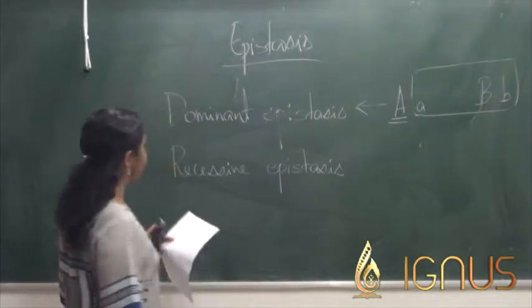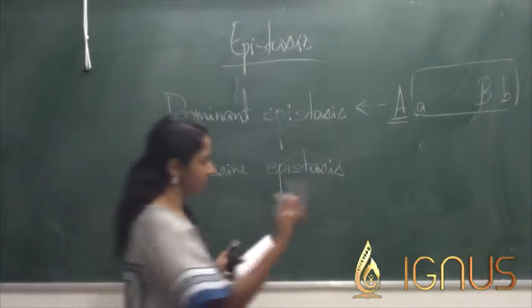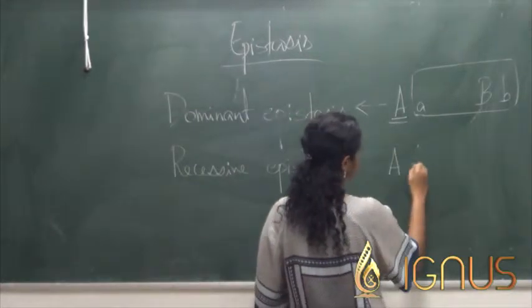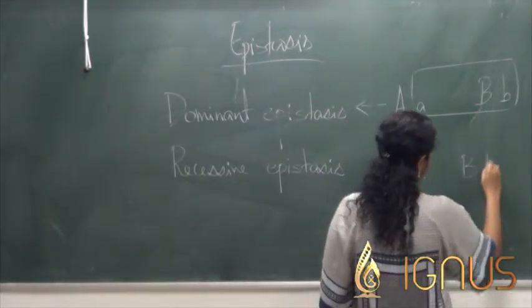Okay. Now, recessive epistasis is when, take the same example, you have capital A small a, capital B small b.